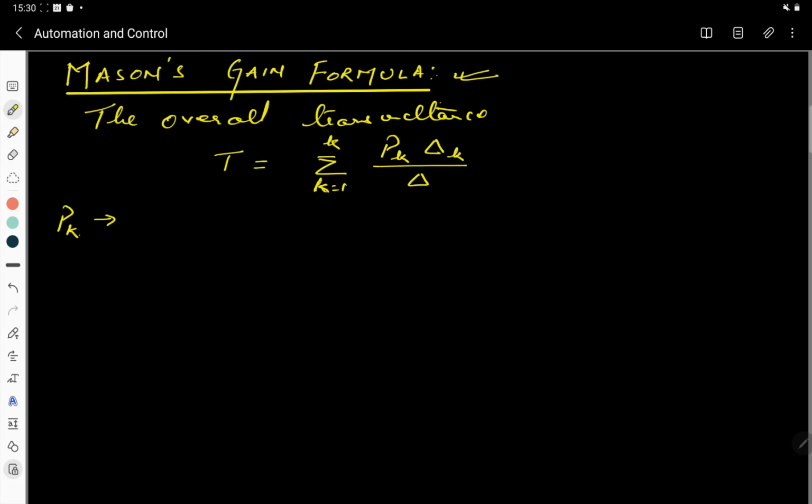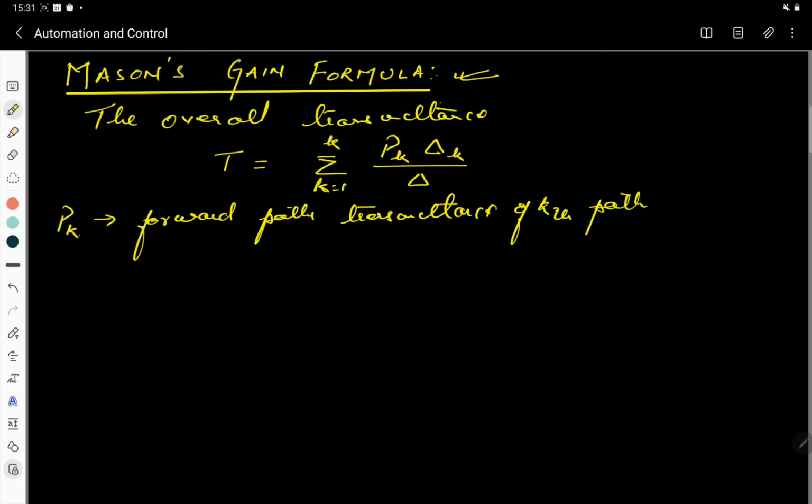This is the forward path transmittance of the kth path from a specified input node to an output node.